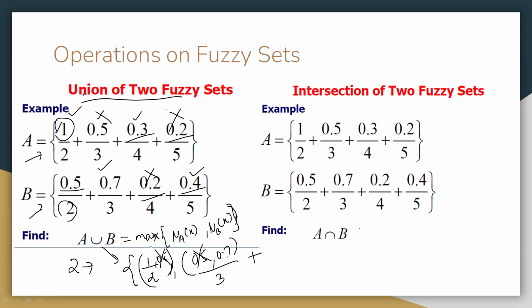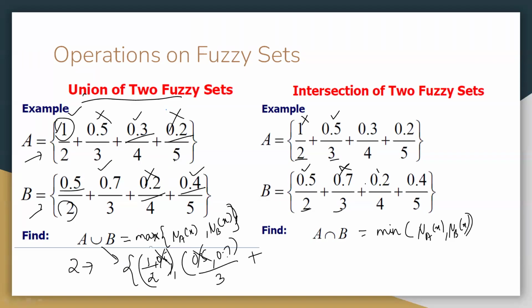Now let us come to intersection. This is just the opposite. You have to take the minimum of mu of A of X and mu of B of X. Now, for element 2, we can see that 1 is the maximum, so we will not be taking this. We'll be taking this. For 3, the maximum is 0.7, so we will not be taking this. We'll be taking the minimum one.